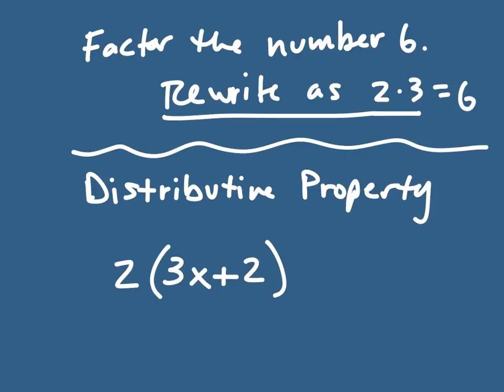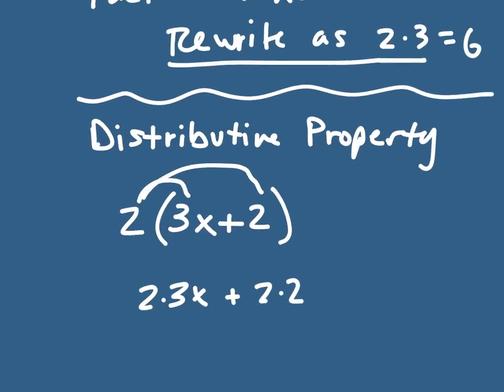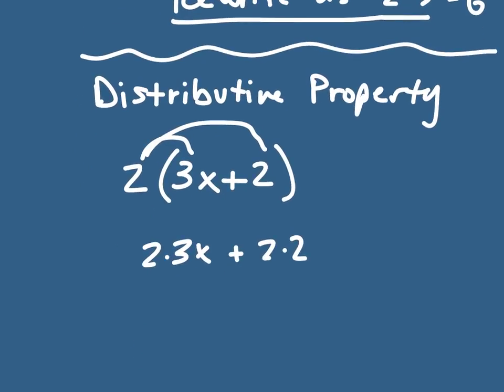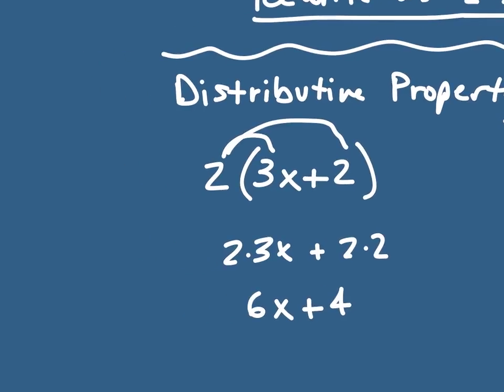What I would do is multiply it by each of the parts on the inside of the parentheses, and that would give me 2 times 3x plus 2 times 2, and that would end up giving me 6x plus 4, okay? So going from this step here down to here is multiplying.